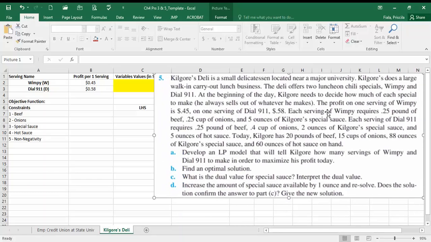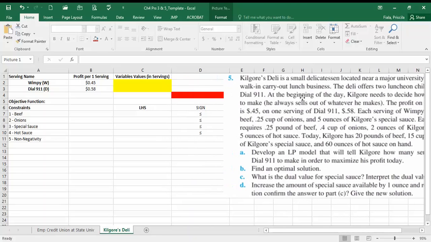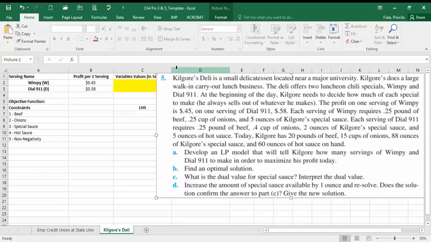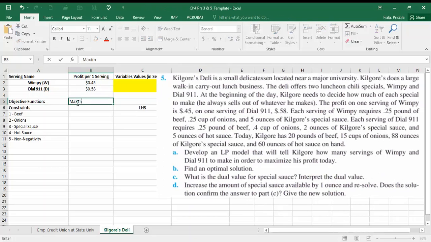Now you're going to notice how we're getting to the constraints, because right here it is going to tell you how much of each and how much they have. Those therefore are your constraints. Another thing we have to determine here: they're talking about profits, therefore they're talking about maximizing, so it's a maximization problem.